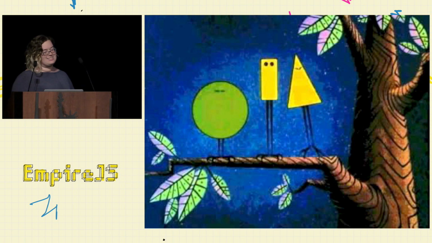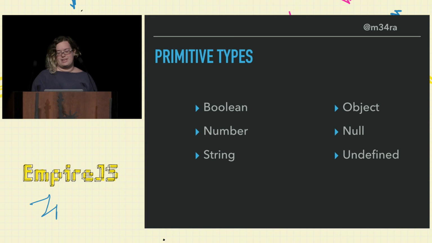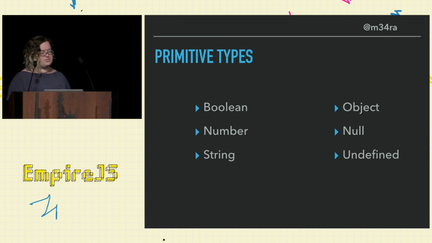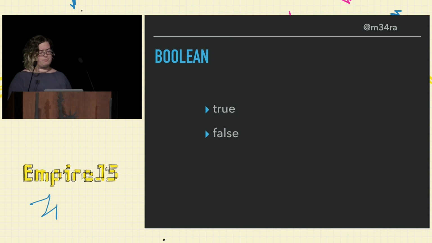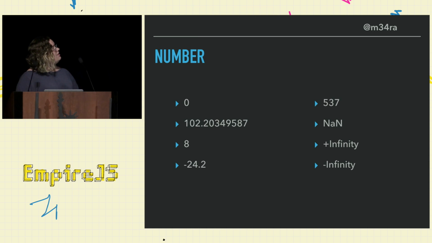There's a few different kinds. JavaScript has 6 primitive types, which are basically the building blocks of the language, and we're just going to breeze through them. The first primitive type is a Boolean, and a Boolean can be only one of 2 things, which is true or false. We also have numbers. In JavaScript, we don't distinguish between integers and floats, and we also have a few special things.